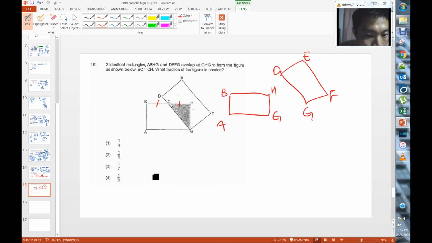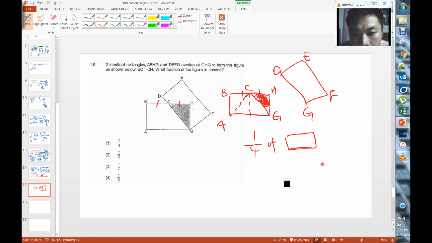So how do you do this question? There are many ways to do this question, but let's start with this first. If this is your C and this is equal, what it means is this shaded area is actually 1/4 of the entire rectangle.